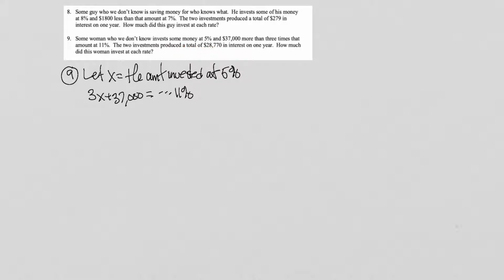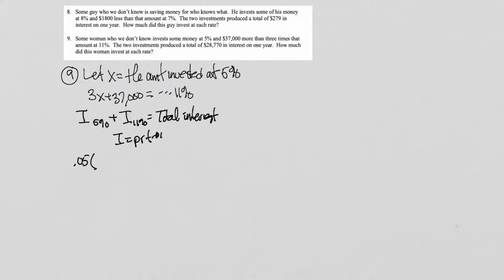So here's what I'm thinking here. I'm thinking that the interest she gets at 5%, add that to the total interest she gets at 11%, and that'll give us the total interest. Now, we know that I equals PRT. In this case, T is just equal to 1. So the interest is going to be, now at 5% is 0.05 times the amount that she invested at 5%.